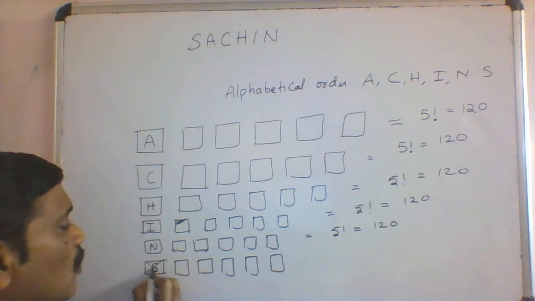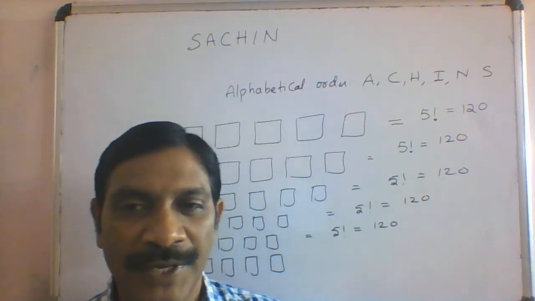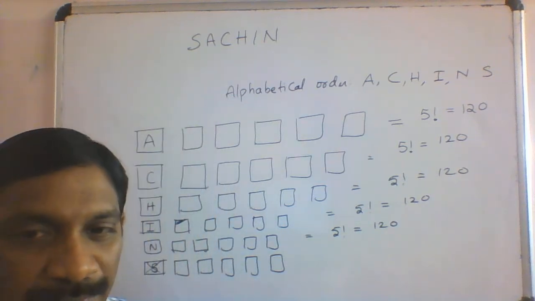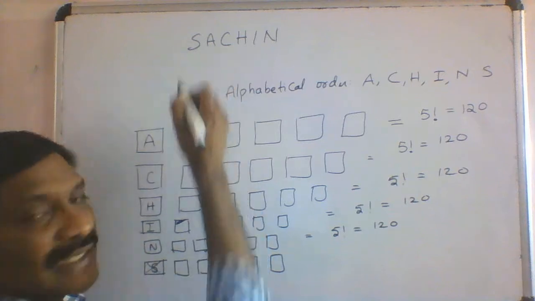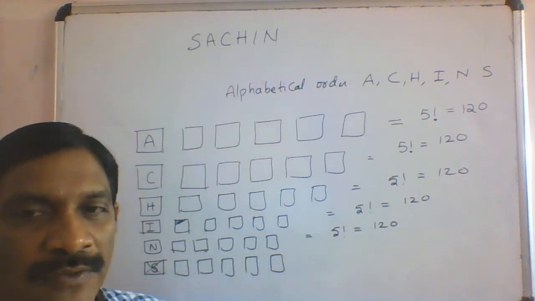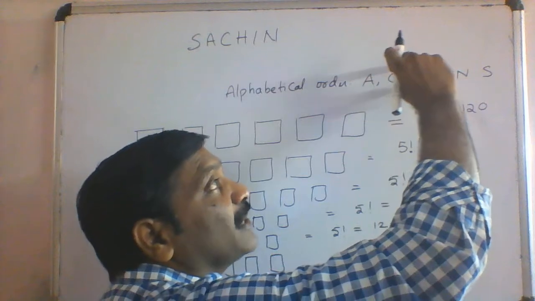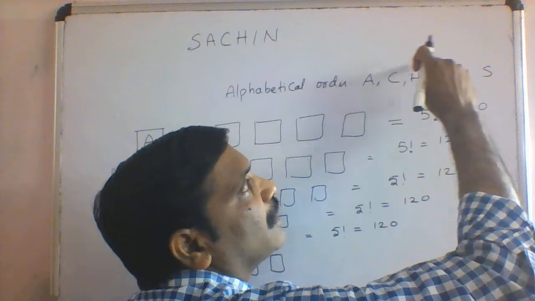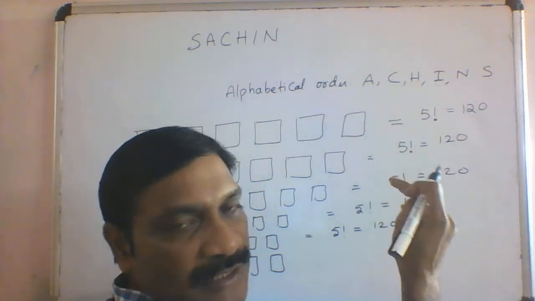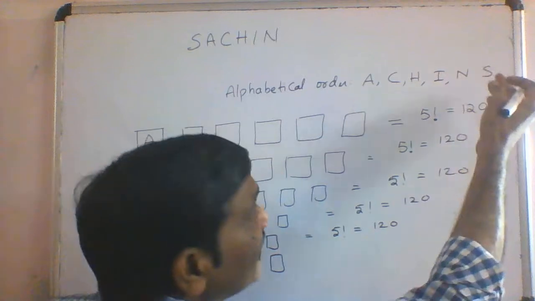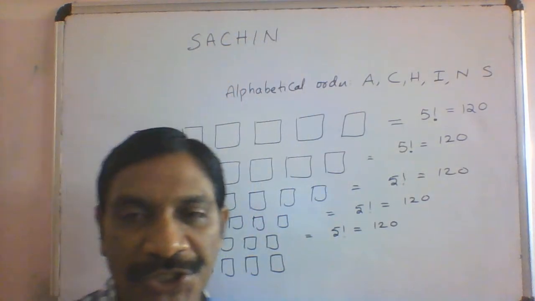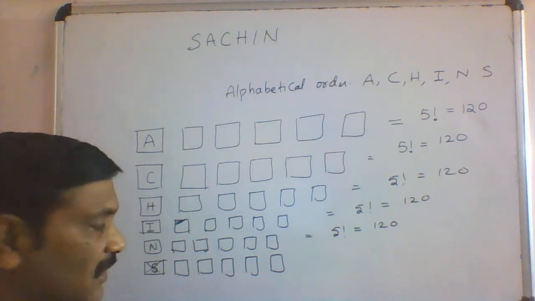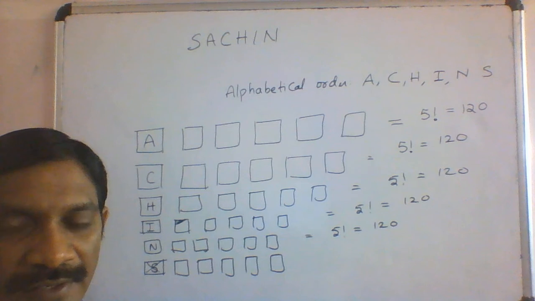This box has been blocked with S. Now start searching for the second place, because we require S in the first place. We started searching in alphabetical order. We reached S after finishing up all the words starting with these letters. When we reach the required letter in that particular position, you block that. We have blocked S. Now start searching for the second letter.